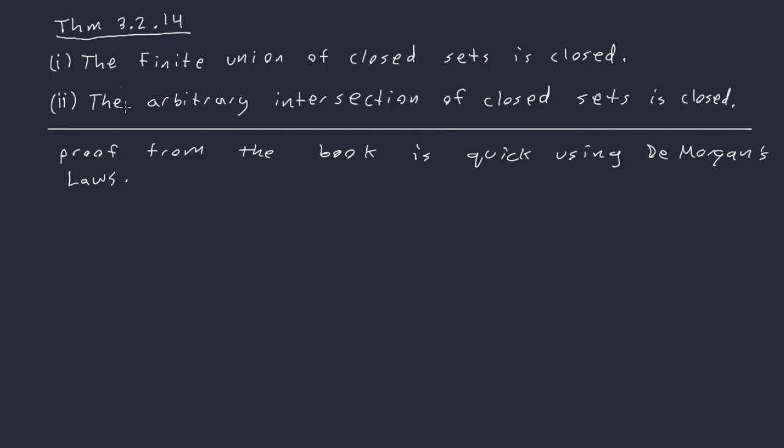Specifically that, okay, if you have a finite union and you take the complement of it, it becomes a finite intersection of complements.